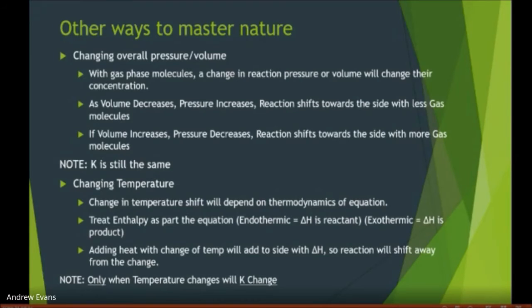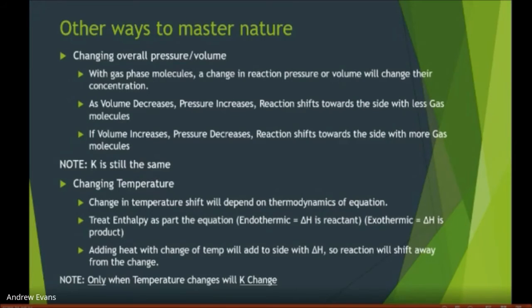You cannot know this without knowing delta H, whether the reaction is net endothermic or exothermic. When this is endothermic, our delta H is a positive value. For endothermic, heat goes into the system, and delta H is a negative value when it's exothermic. Heat is produced, heat is exiting.